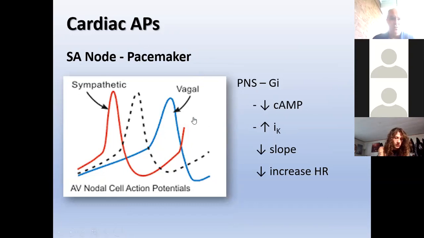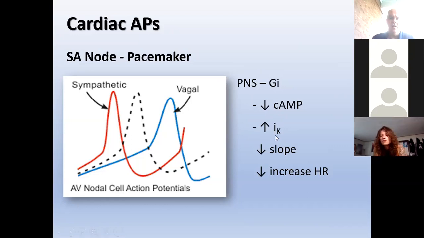The sympathetic neurons are norepinephrine. The parasympathetic nerve, the vagus, is acetylcholine. So when you add acetylcholine to the SA node, it activates GI, and that decreases cyclic AMP, which is going to decrease the funny current.